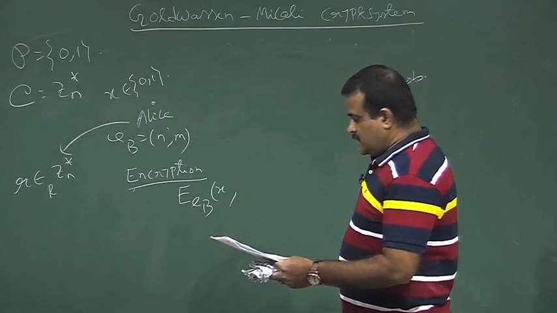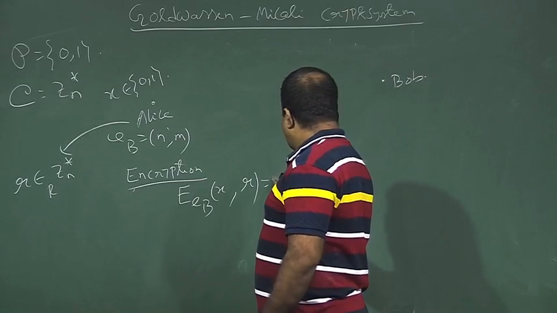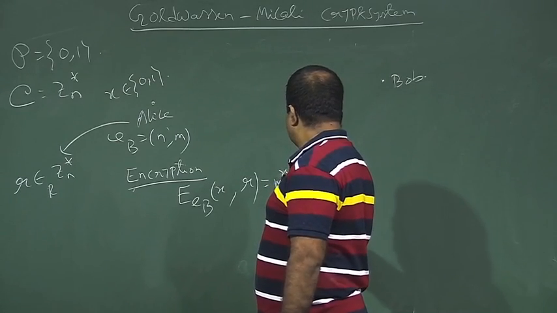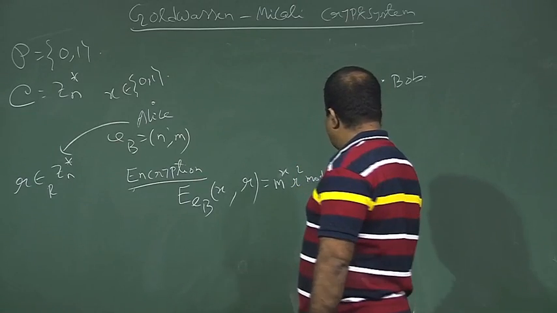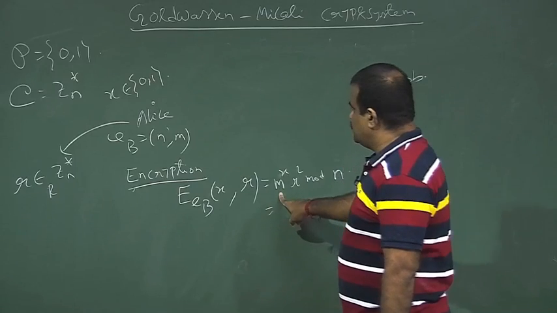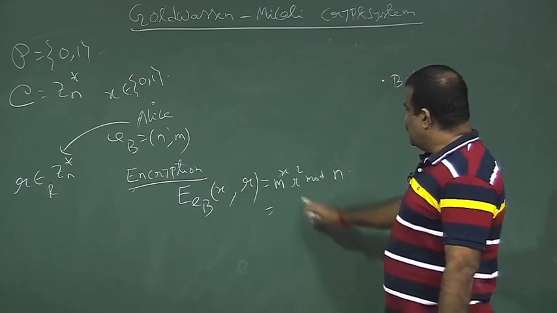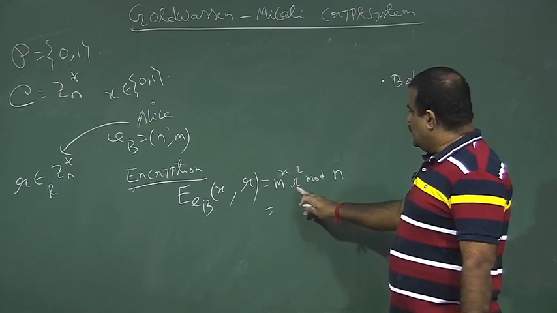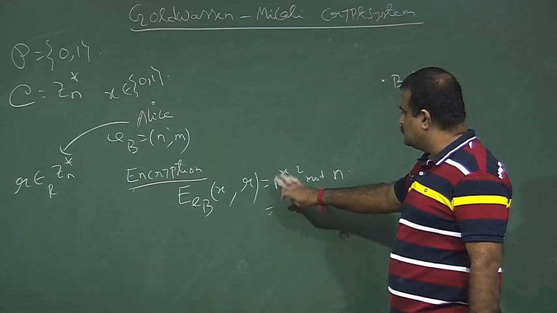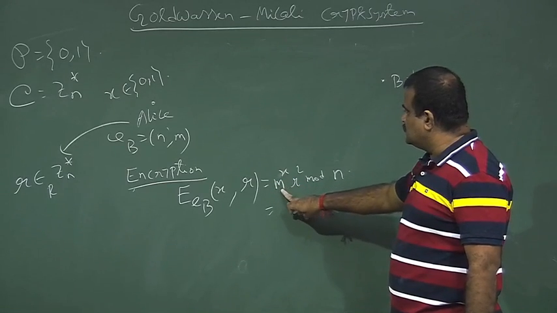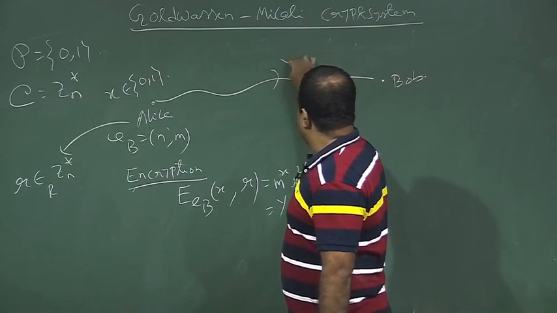The encryption along with R is basically m to the power x times r square mod n. Here m is one of Bob's public parameters, R is chosen by Alice, and Alice can compute m to the power x. If x is 0, this is 1; if x is 1, this is m. So, this is y, the ciphertext, and y is sent to Bob.